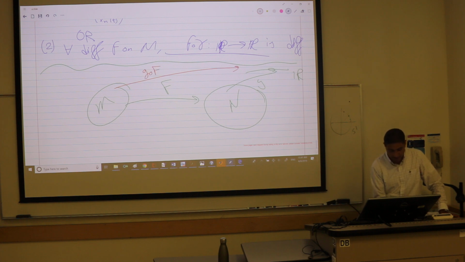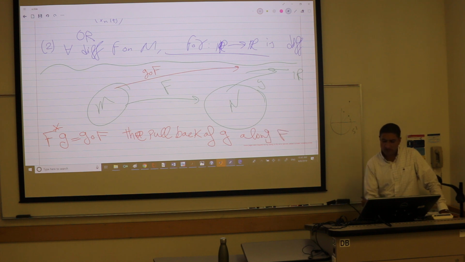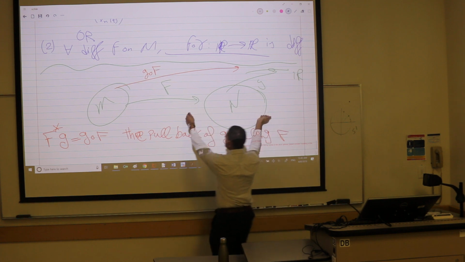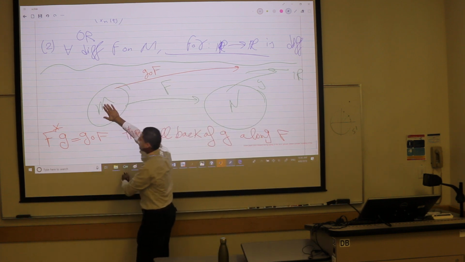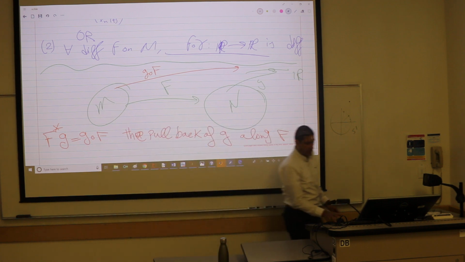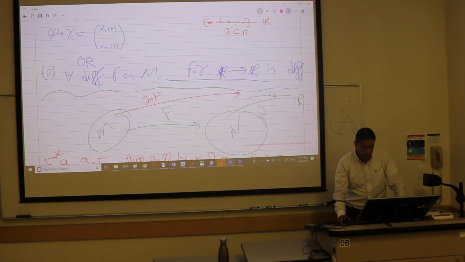If this is differentiable, then we call G composed with F, sometimes denoted by F star G, the pullback of G along F. The name comes from the following: G acts on M, so it's as if you pull it back to N. Now, this guy is a function that acts on N. That's just a notation, nothing more.